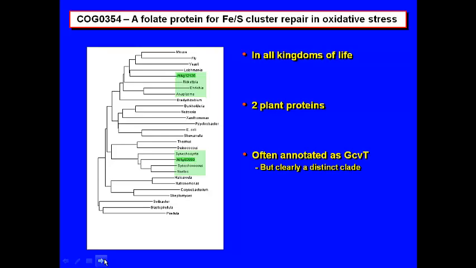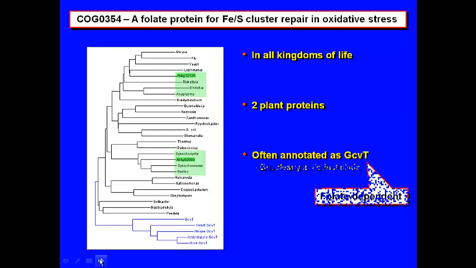But it's clearly a distinct clade to that, because if you just do a phylogeny of GCVT proteins from yeast, mouse, plants, E. coli, it's obviously a separate clade. This isn't the same thing. You don't even have to do comparative genomics to see this, but this is annotated all over the place. This family is annotated all over the place as being GCVT. Typical.